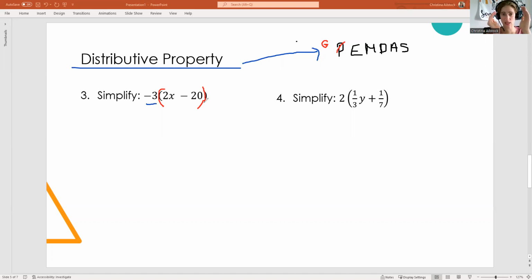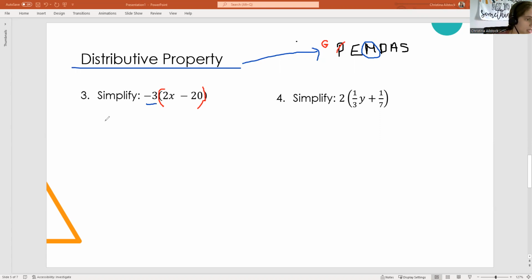Because parentheses, they're like a double agent. They are used both as a grouping symbol, and parentheses can be used to represent multiplication. That 3 is being multiplied by 2x minus 20.